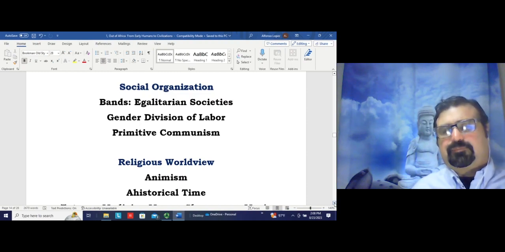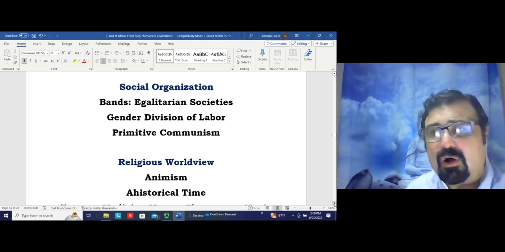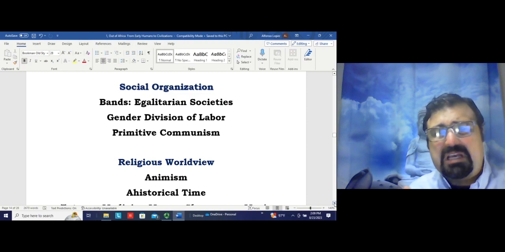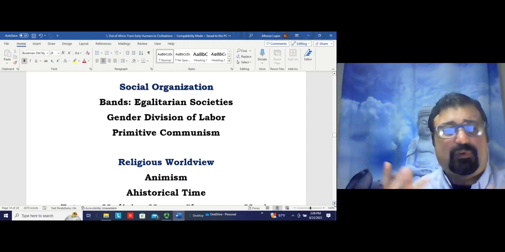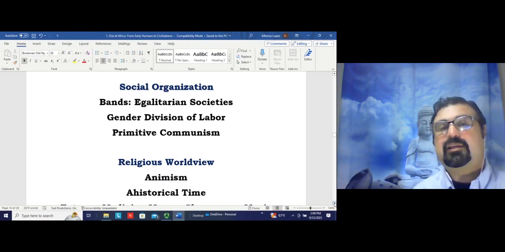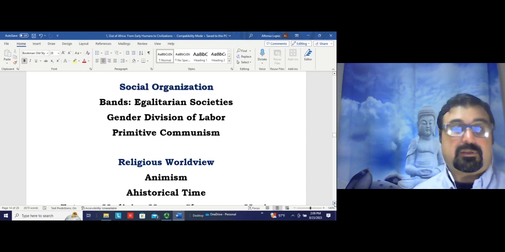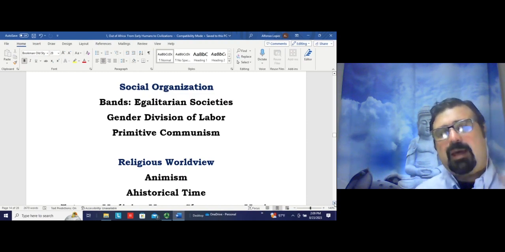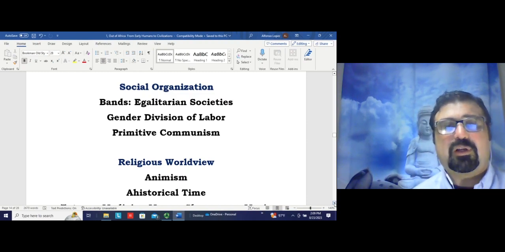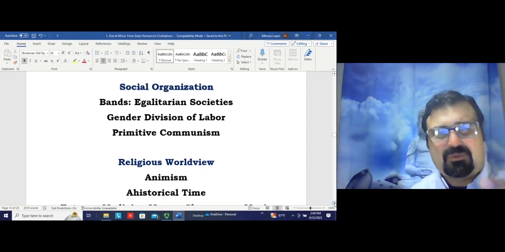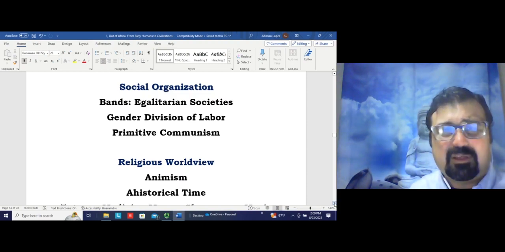Okay. In many cases, the people that made up the band, and bands were rather small, constituted anywhere between 20 and 50 people. Those are just, again, the kind of group that existed, the kind of society that existed during this time. Rather small. Again, it's a band. More often than not, the members were related to one another in familial connections. This was like an extended family, if you will.